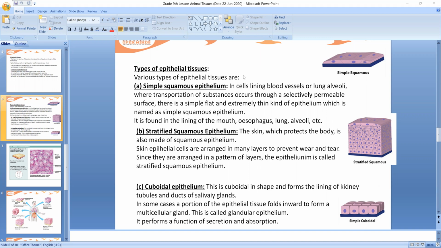Don't get confused. Now coming to stratified squamous epithelium. It is found in the skin, which protects the body. It is also made up of squamous epithelium. This is multi-layered. There are many layers to prevent wear and tear. If it is very thin, then it will be easily torn.